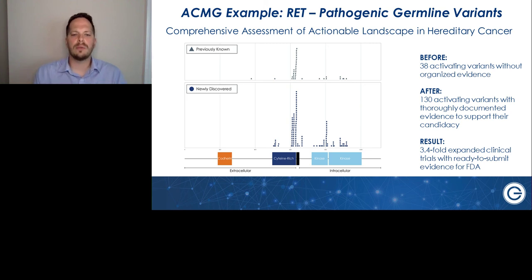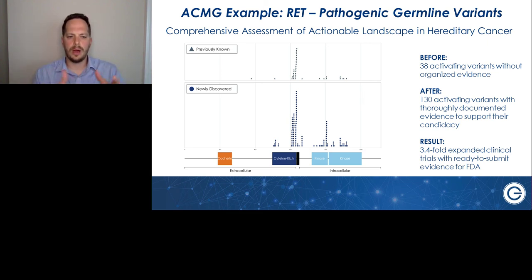And we're just exemplifying that in this plot. At the top is the status before, when we were engaged by the pharma client. After many years of manual curation, they were able to identify a couple dozen activating variants. And within a matter of weeks, we were able to increase that by at least 100 variants, which you're seeing there at the bottom diagram in blue.